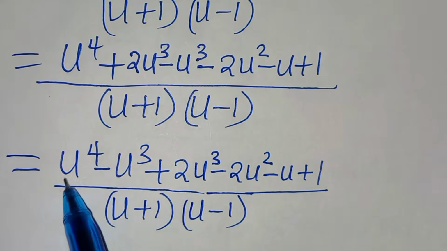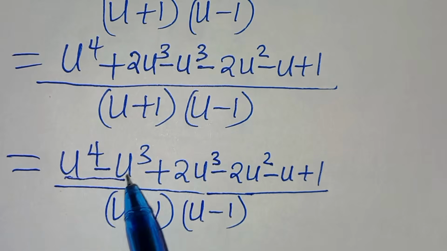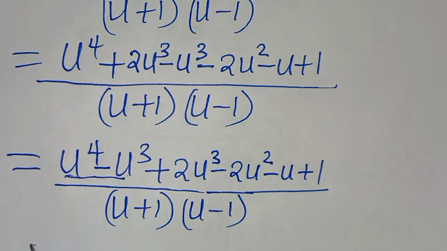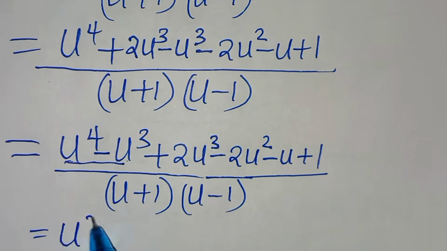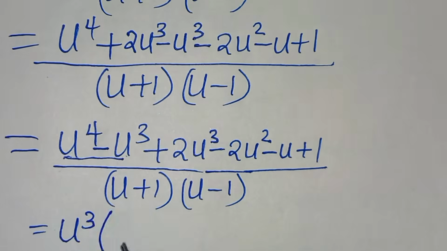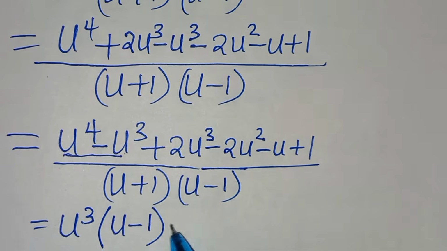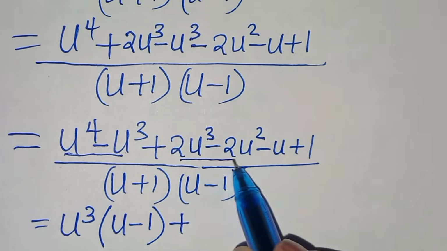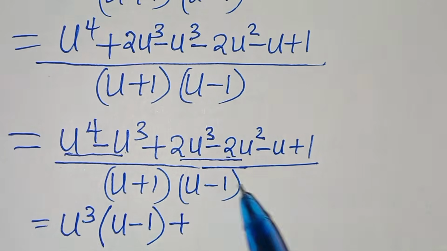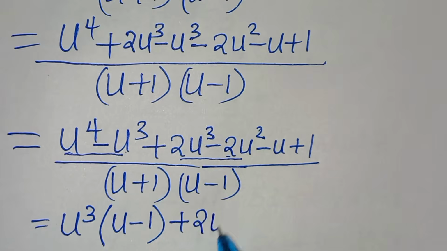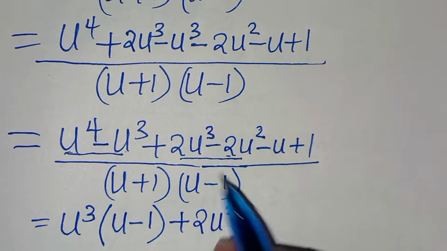Now, let's factor out here. From the first part here, u to the power of 3 is common, so we can factor out u to the power of 3. Into the parentheses, this is u minus 1, then plus the second part here, we have that 2u squared is common, so we factor out 2u squared into the parentheses.